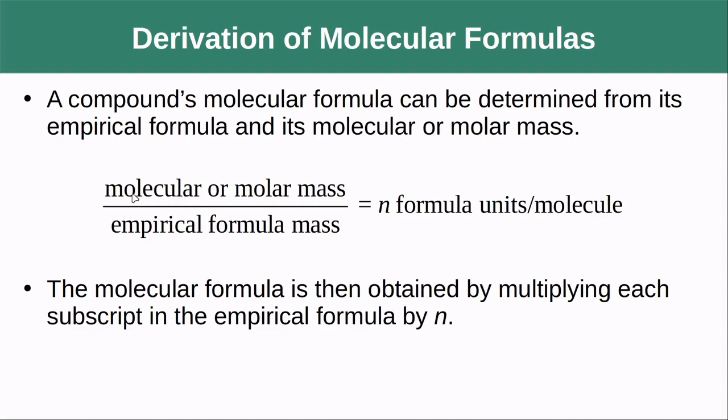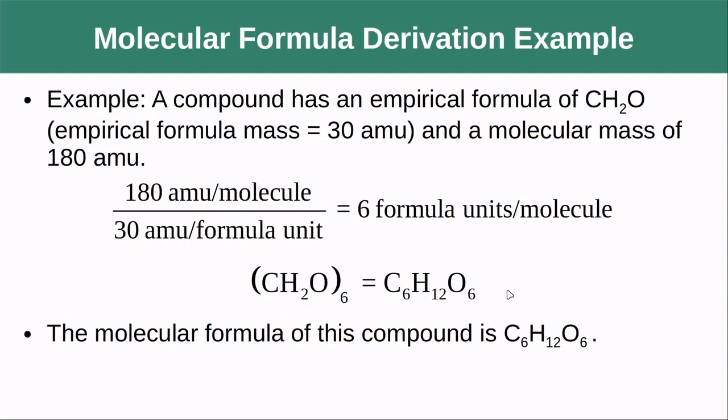Basically, you're going to take that molecular molar mass, or formula mass as we've also been calling it, and divide it by the empirical formula mass, and then you get a whole number value n from that. Typically this doesn't really require any rounding. It will work out to be very close to, or exactly, a whole number. Then we just multiply all of the subscripts by that n value. So let's see how this works out.